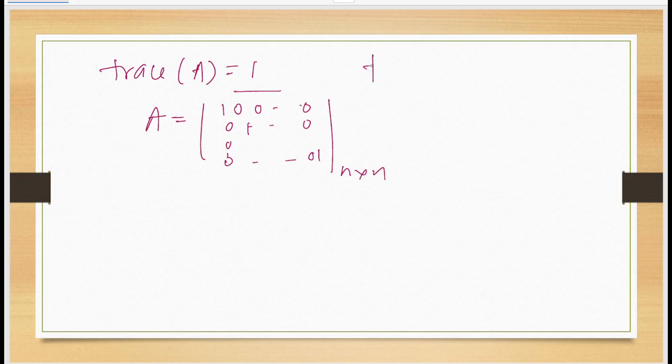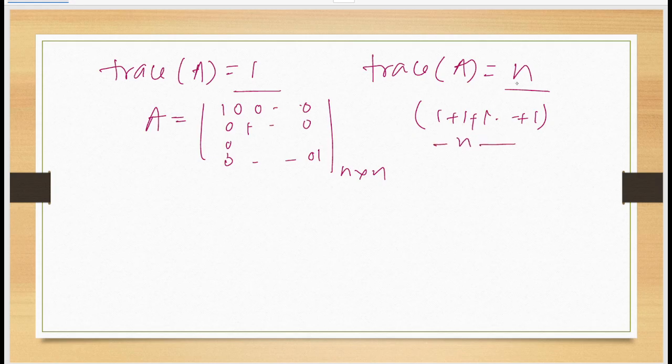In this case, the trace of A will be n, as this is 1 plus 1 plus 1 dot dot plus 1. How many times? This is n times, so summing up these n terms results in n here. So the statement says trace of A is the one, that is also a false statement. So the third is also false.